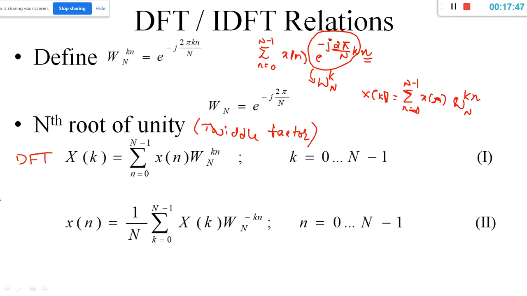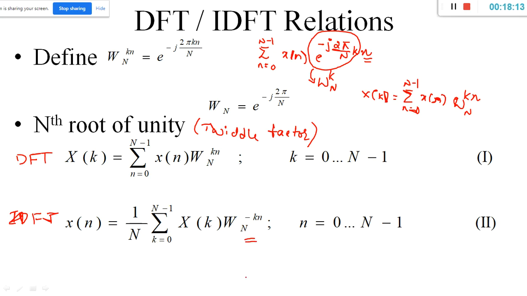Similarly, the inverse of DFT, the IDFT, is x of n equal to 1 by N summation k runs from 0 to N minus 1 X of k W_N to the power of minus kn. So this is the new way of representing the DFT and IDFT equation.